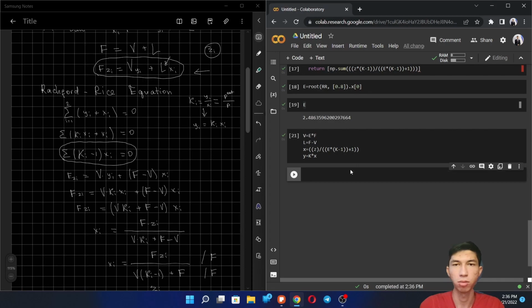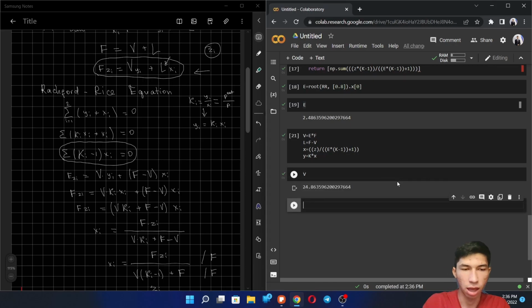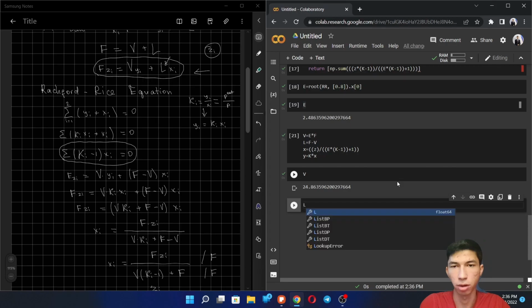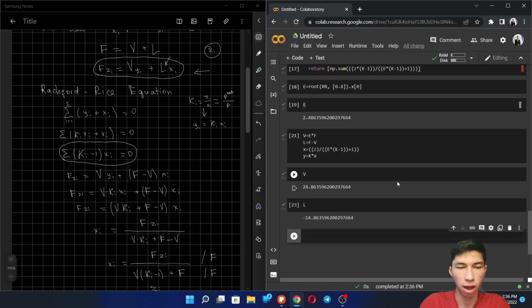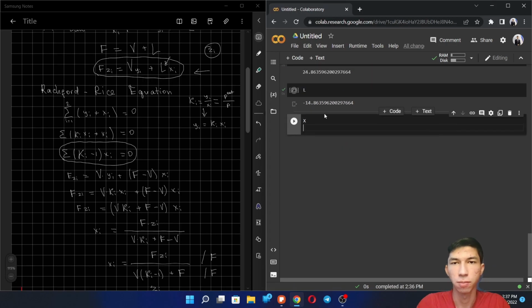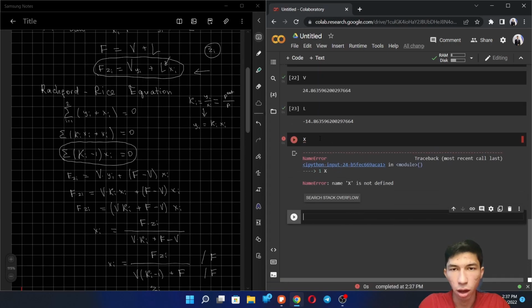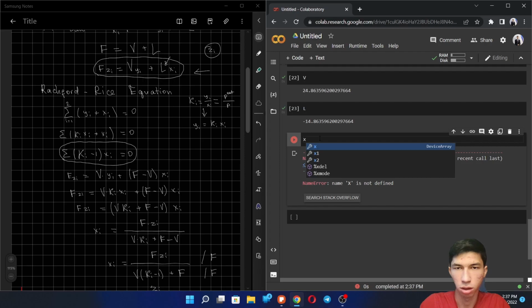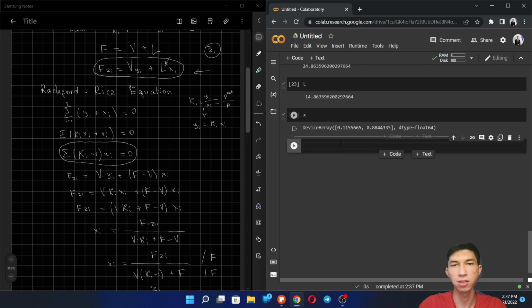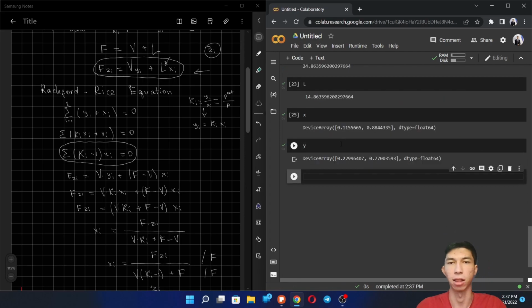Now it looks good. We have our amount of compounds in vapor phase and our amount of compounds in liquid phase. We have our x values and our y values.